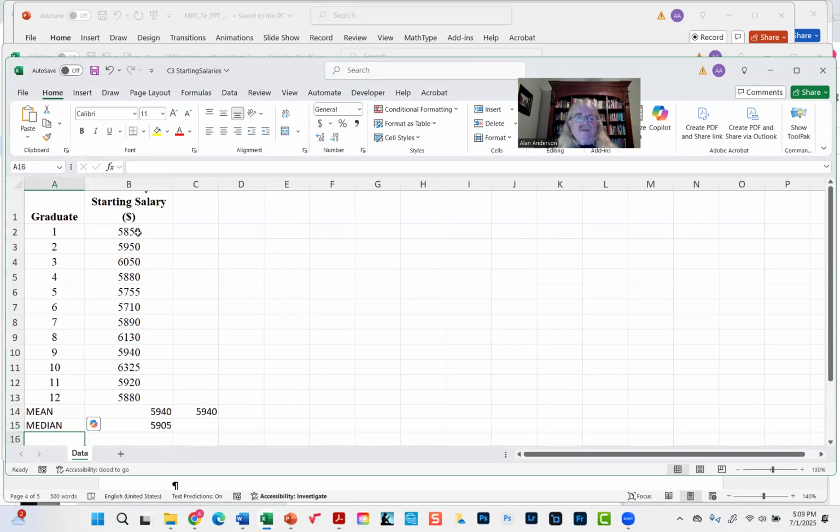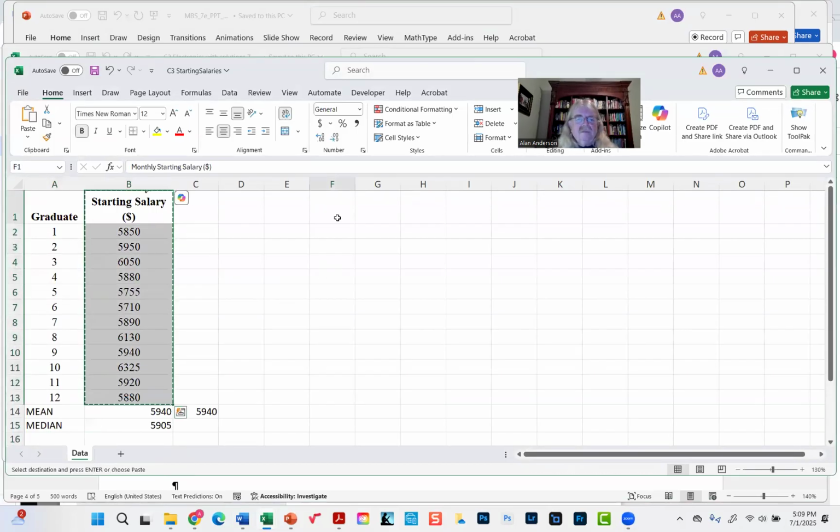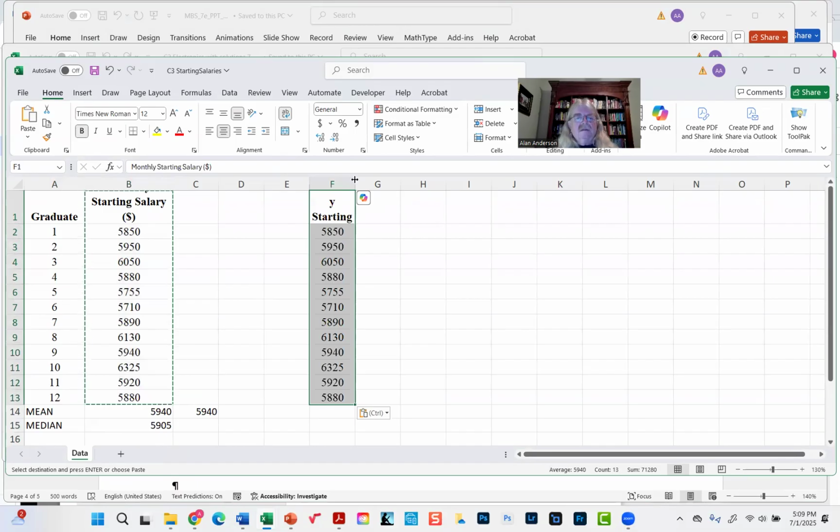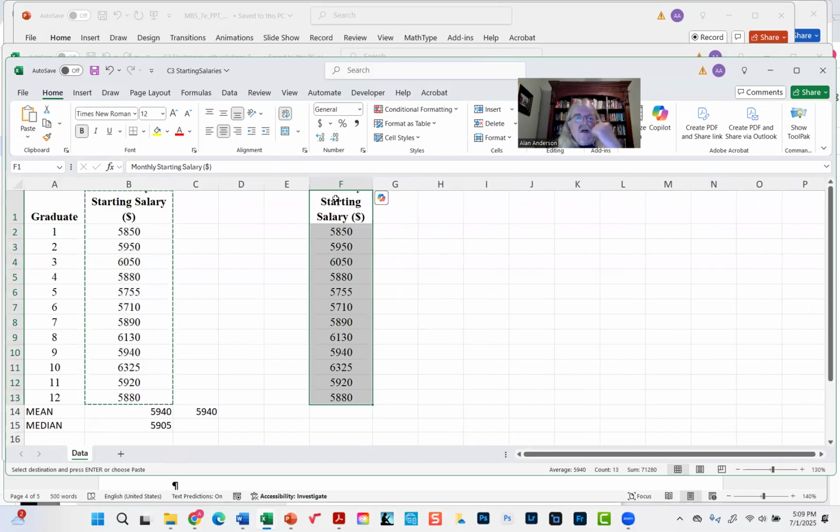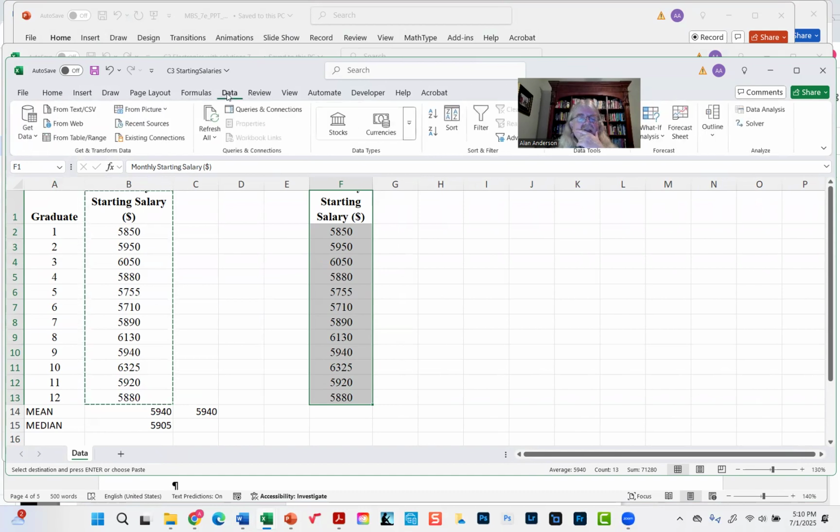Now we could confirm this by sorting these out. Here's how you do that. The function you need is found under data, sort.